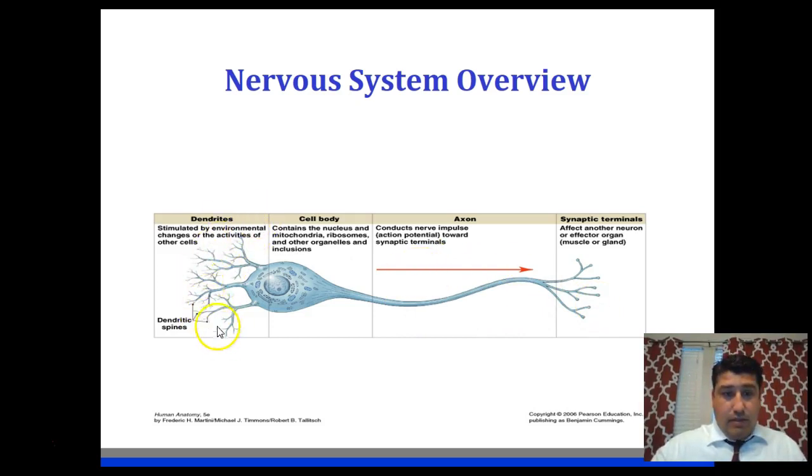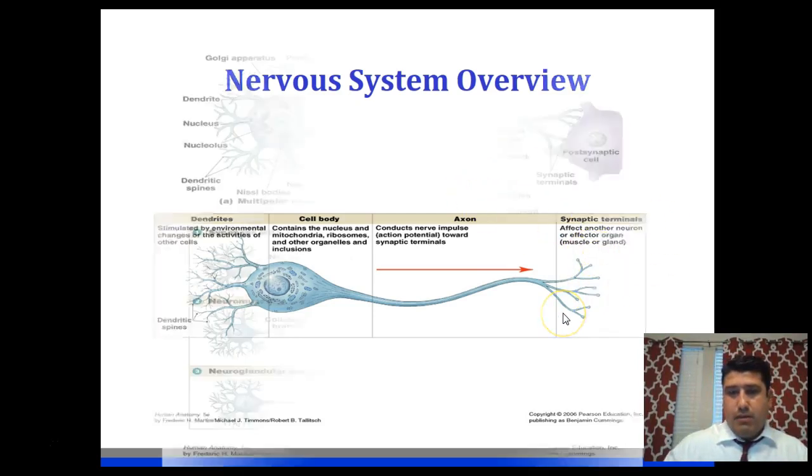So the dendrites receive messages from either the brain or the spinal cord or a previous neuron. The message is then processed by the cell body and then propagated down the axon to where it's eventually sent to the next destination, whether it's another neuron or a muscle or a gland, and it's released at the synaptic terminals.